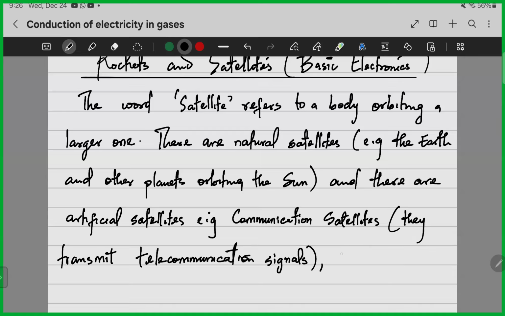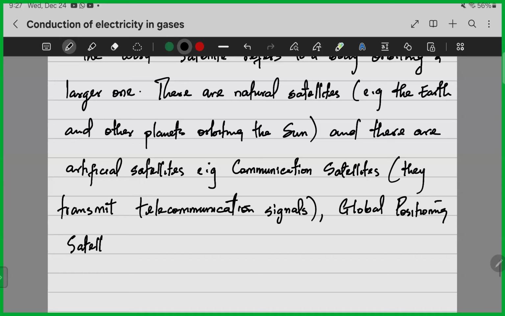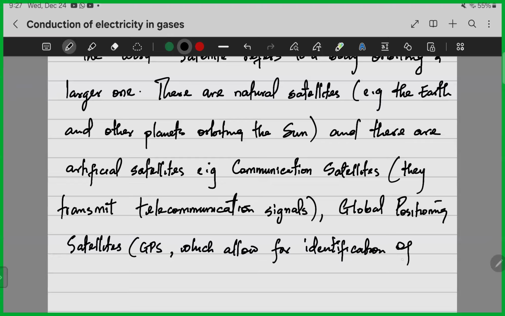So we have communication satellites, and we have GPS, global positioning satellite, as it's commonly called, which allows for identification of locations on the Earth. That is the feature that powers our maps, Google Maps, iPhone Maps, all of that.